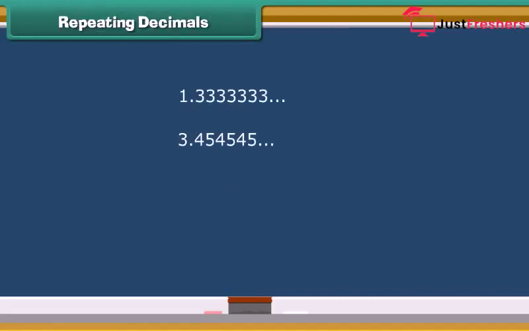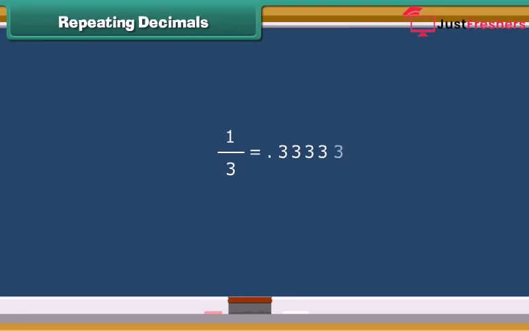Some decimals don't stop and go on adding numbers to the right forever. Look at the decimal form of the fraction 1 by 3. What did you notice? It starts with 0.33333 and just keeps on going on and on.